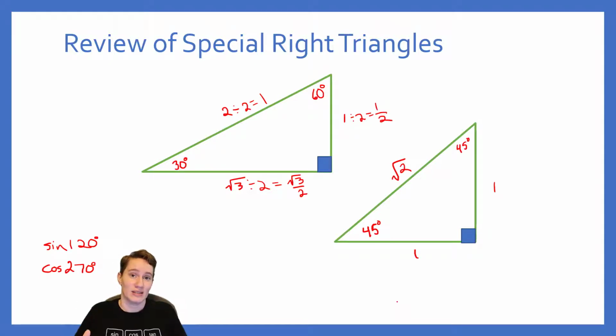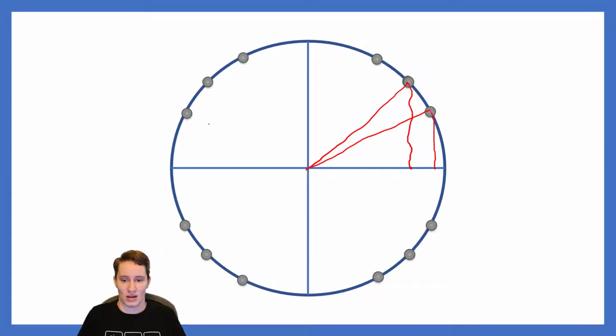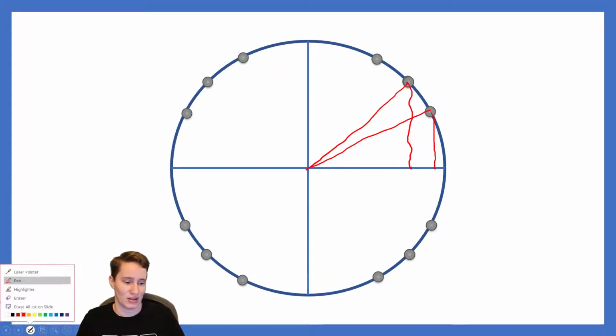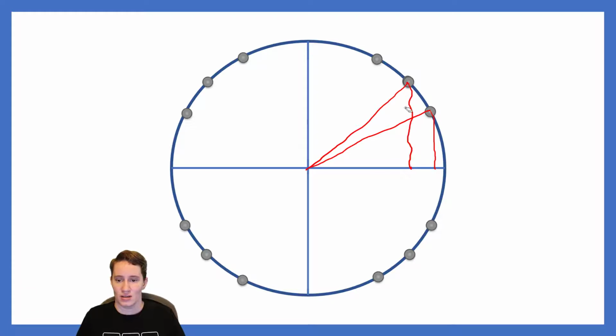What this means is that we can take this and put it on our circle. I'm going to get rid of this one for now. So this is our 30, 60, 90, and this hypotenuse is 1. That makes this side square root of 3 over 2 and this side 1/2.